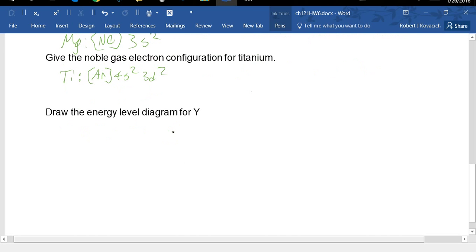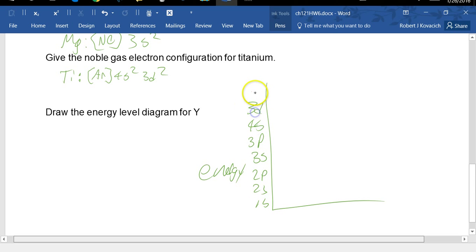Energy level diagram for yttrium. Oh, wait, I'm sorry, we want an energy level diagram, my bad. 1s, 2s, 2p, 3s, 3p, 4s, 3d, 5s, 4d.